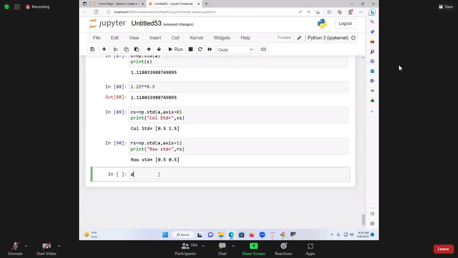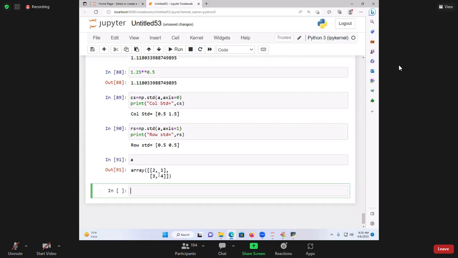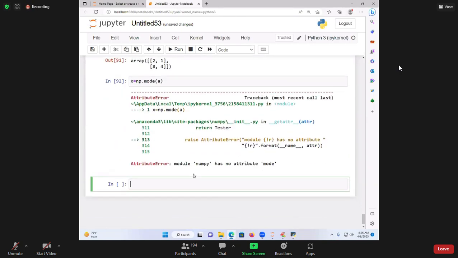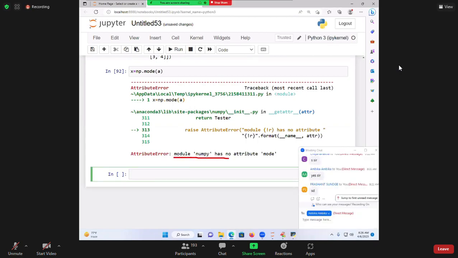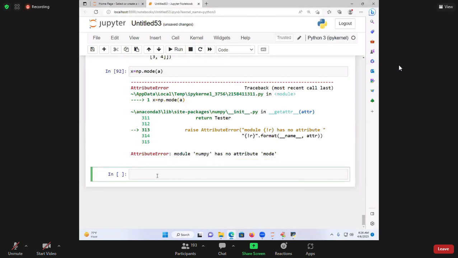You apply np.mode of A, x is equal to, an error will come. What is that error? Module numpy has no attribute called mode. The mode function is not there in that. So to avoid this kind of problem, I am going to tell you another example.